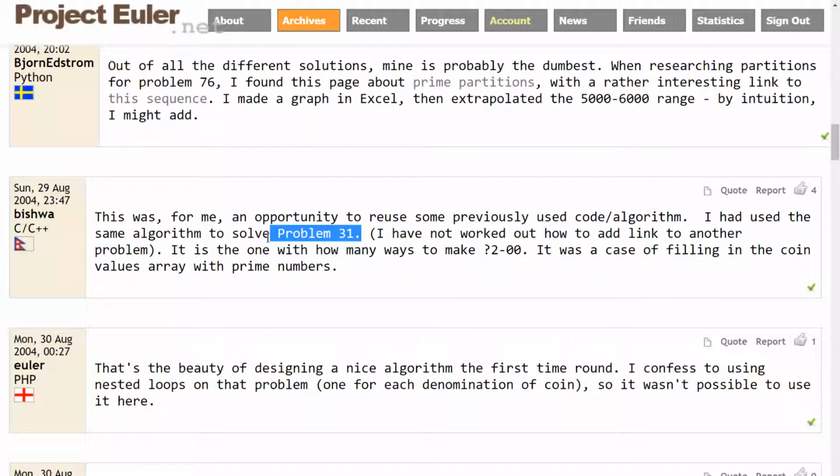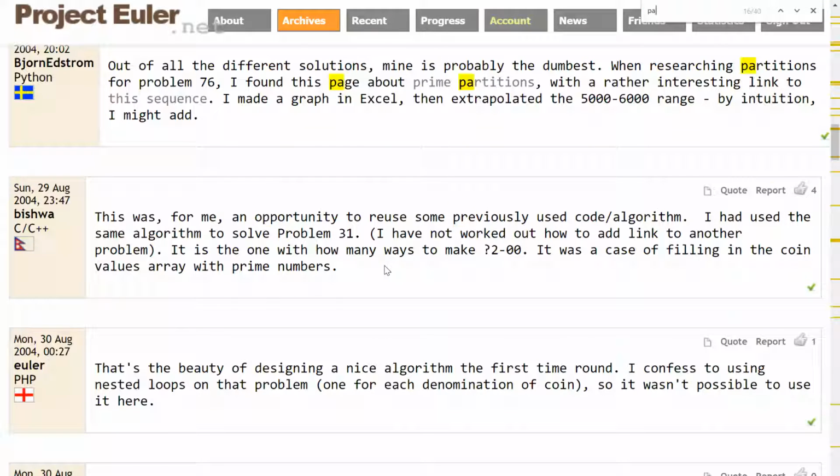Yeah. Well, we are doing partitions, aren't we? I think so. Someone mentioned something about prime partitions.